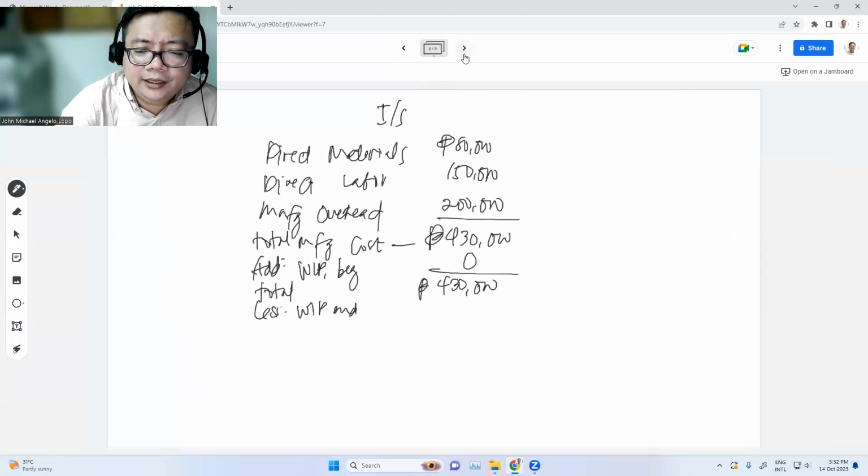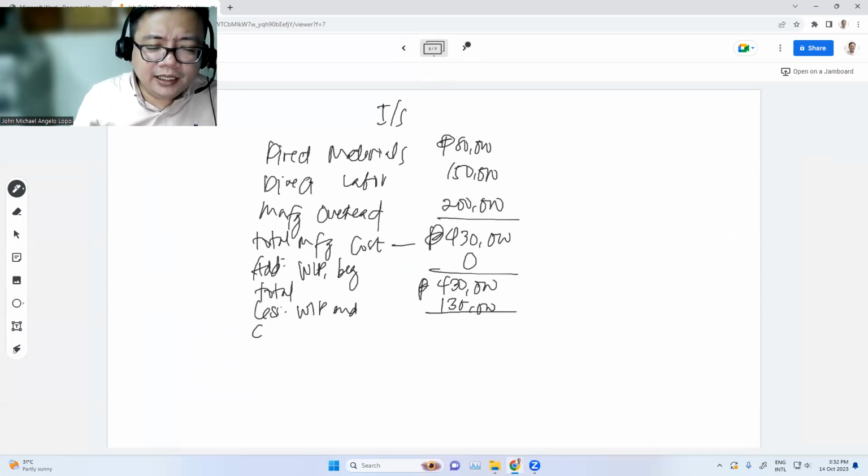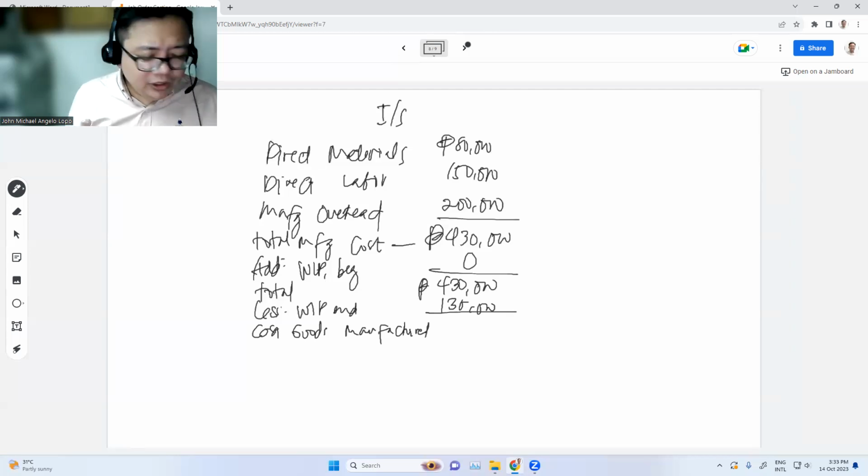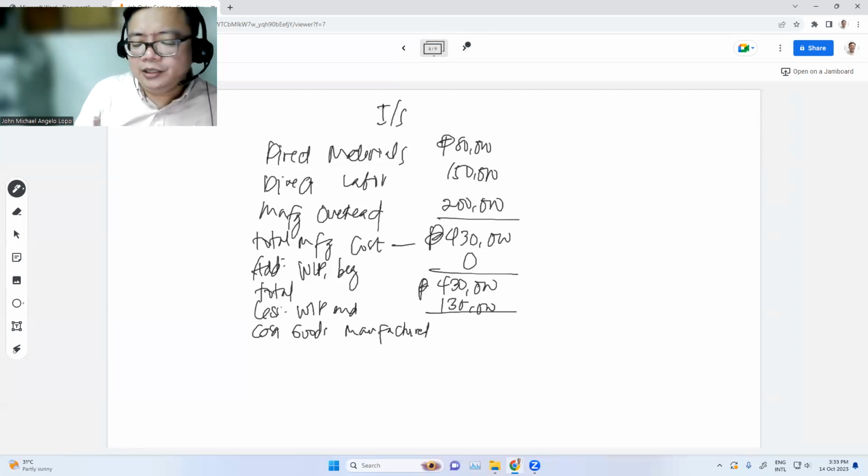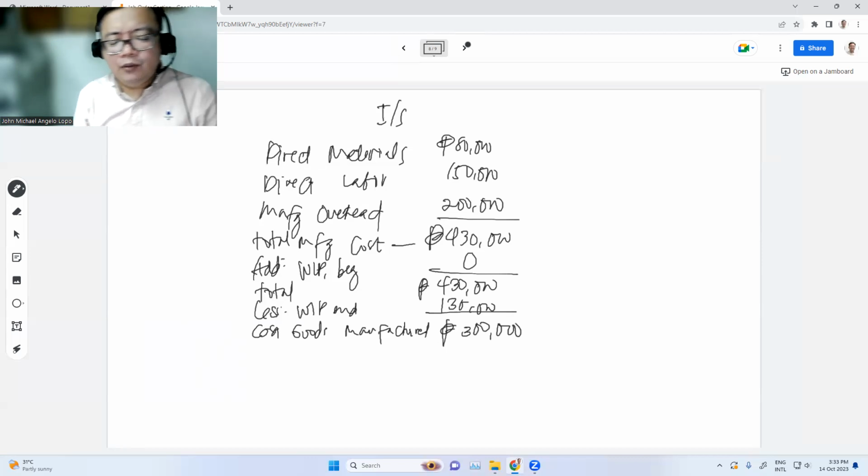So 130 would be our work in process ending. Ibig sabihin, magkano yung cost of goods manufactured? So you have 430 minus 130, so you have 300,000. Anong tawag doon? Cost of goods manufactured.